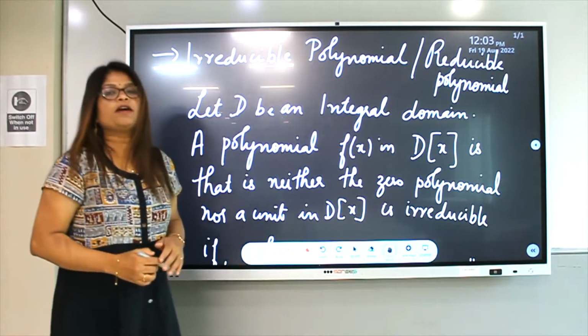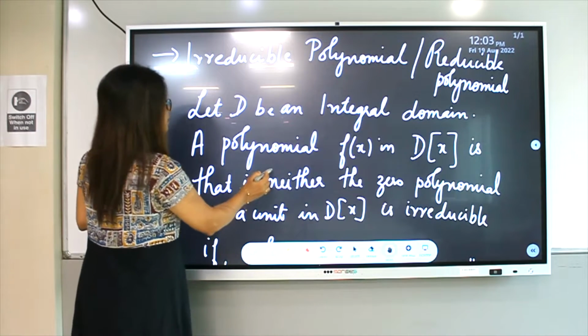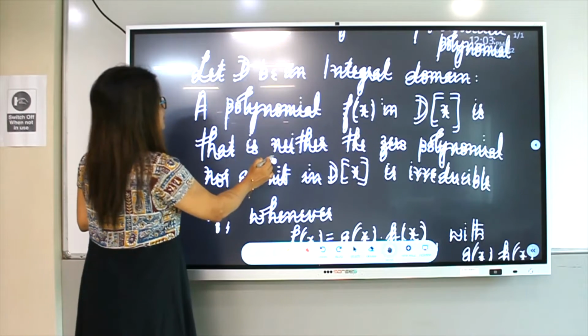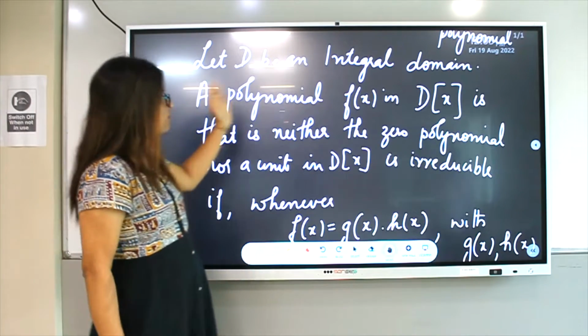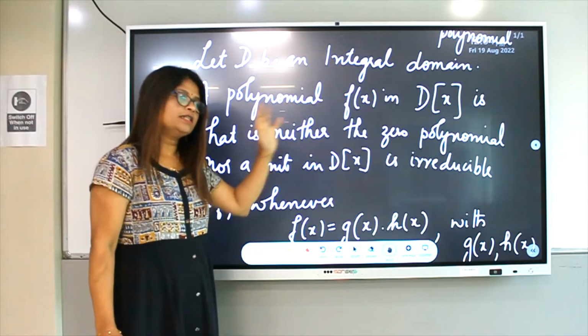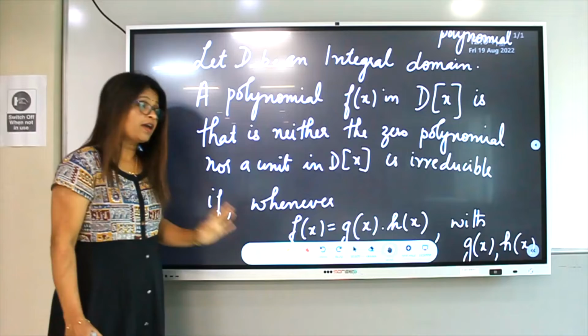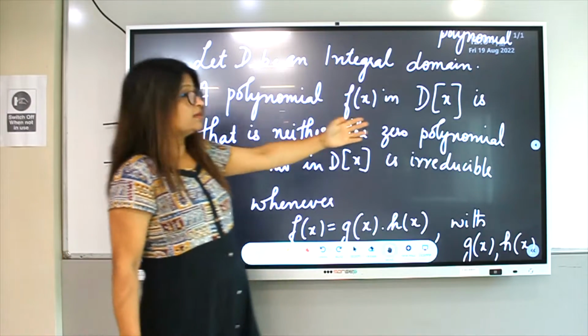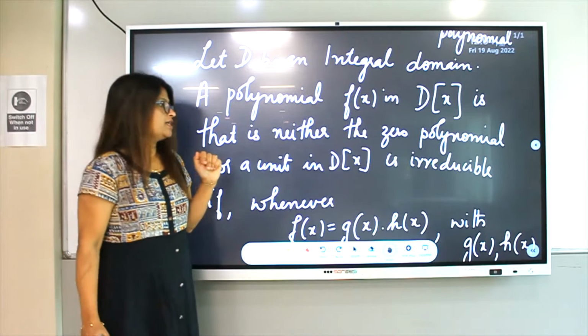We will first define what a reducible or irreducible polynomial is. We'll start with an integral domain. Suppose D is an integral domain and you have a polynomial f of x in D of x, and that polynomial f of x should be neither a zero polynomial nor a unit in D[x].